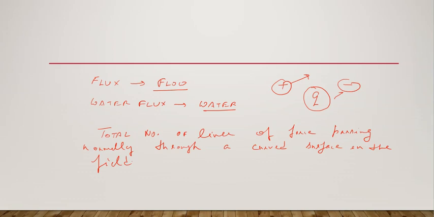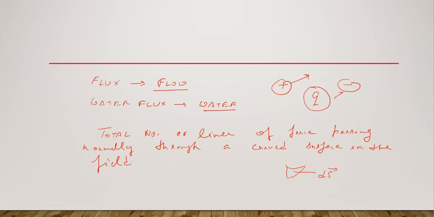For example, there is a curved surface like this, and it has a very small area element. We can denote it as ds.